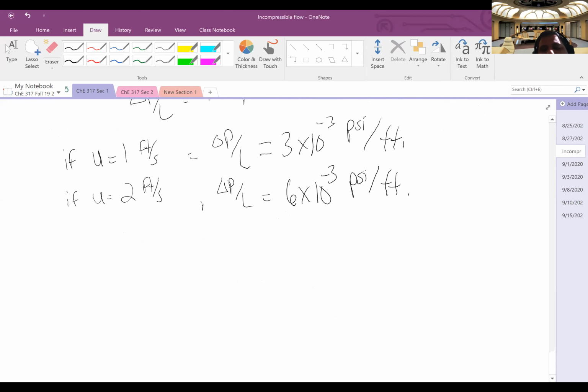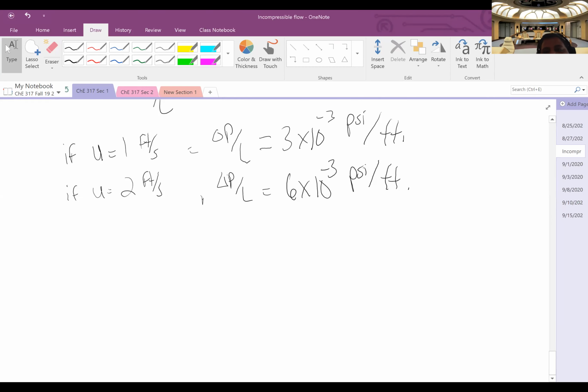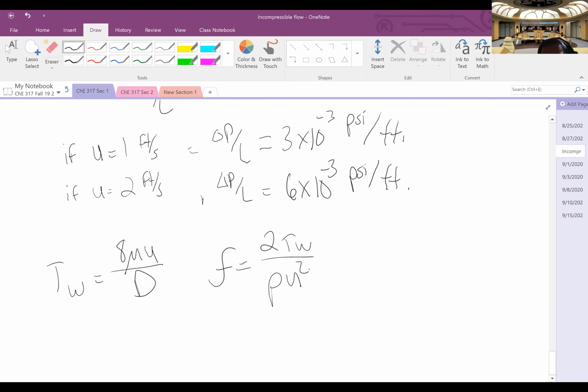Now, one other thing I want to touch base on in terms of laminar flow is our exploration in math gave us this expression, mu u over d, to describe shear stress. If we consider the definition we obtained for the friction factor as it relates to shear, we ended up with this expression.